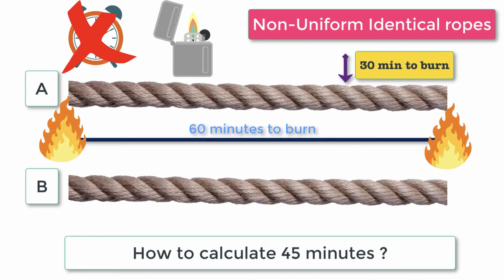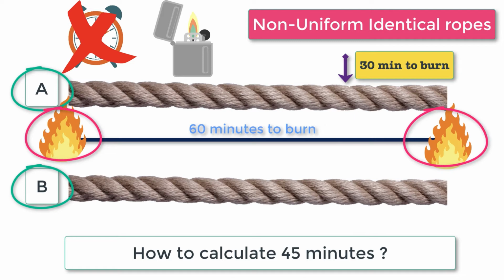So in order to calculate 45 minutes, one rope is not sufficient. You need two ropes. Let's call the ropes A and B and follow the below process to measure 45 minutes. What you have to do first is burn rope A from both ends and rope B from one end.